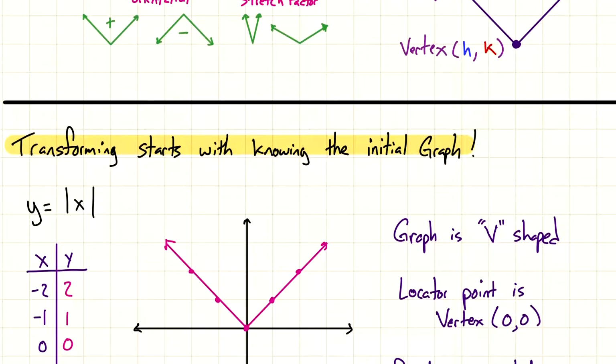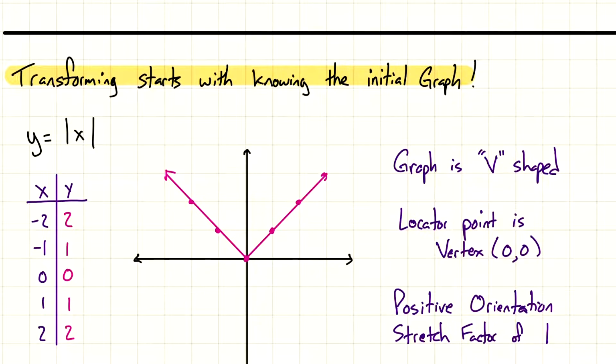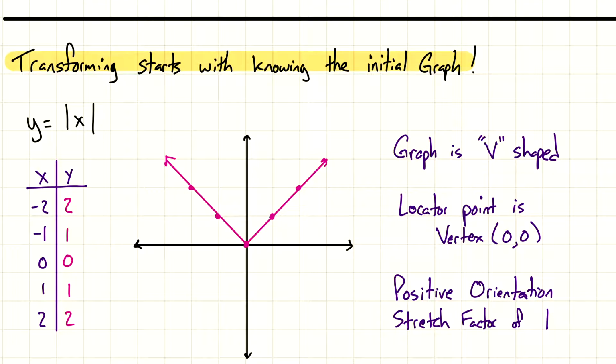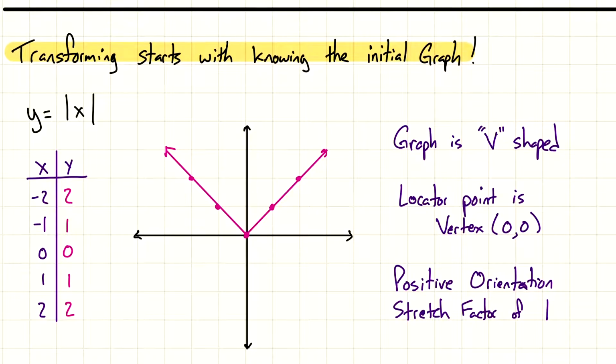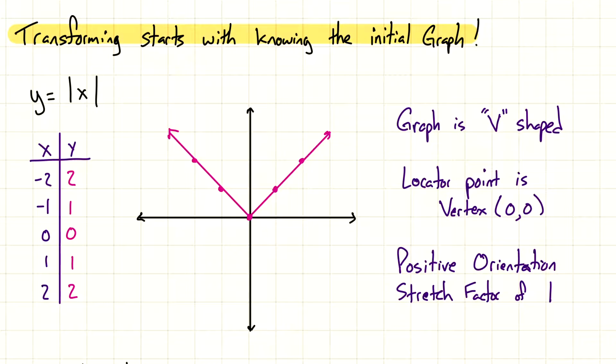All right, so let's start with looking at the initial graph, because when we talk about transforming graphs, we're talking about either shifting it left or right, up and down, or maybe even making it skinny or wide. Just like we did with quadratics, we want to look at what the default graph might look like. So here's the equation, y equals absolute value of x.